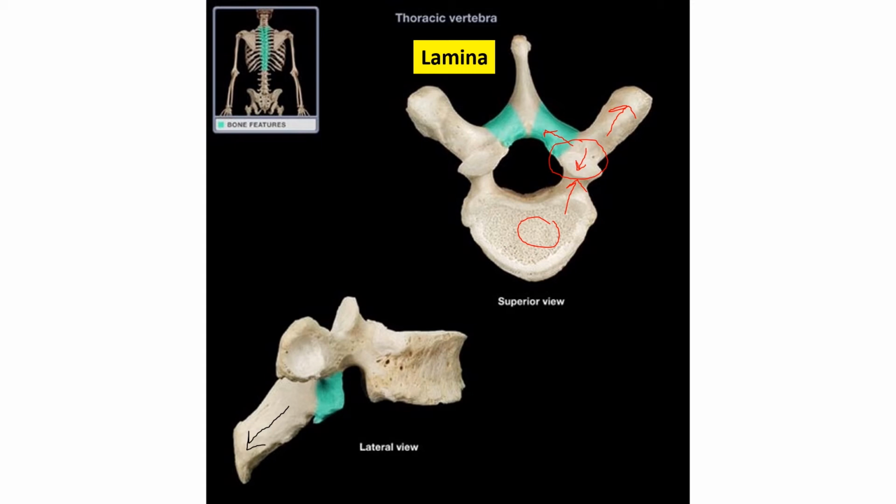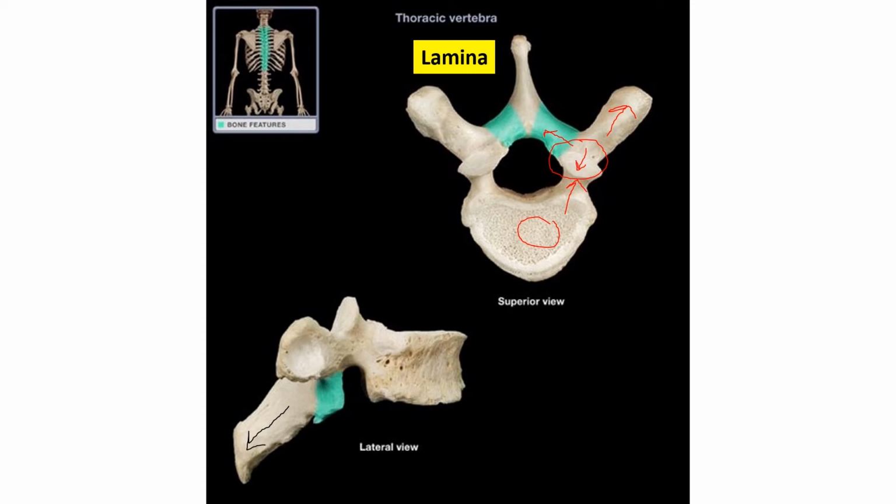In the upper image I can see that this is the body anteriorly, and from the body a pedicle comes out. We have just seen that in the last image, and then the vertebral arch is going to be completed by this green colored part, which is the lamina. And at this point between the pedicle and the lamina, two processes come out.